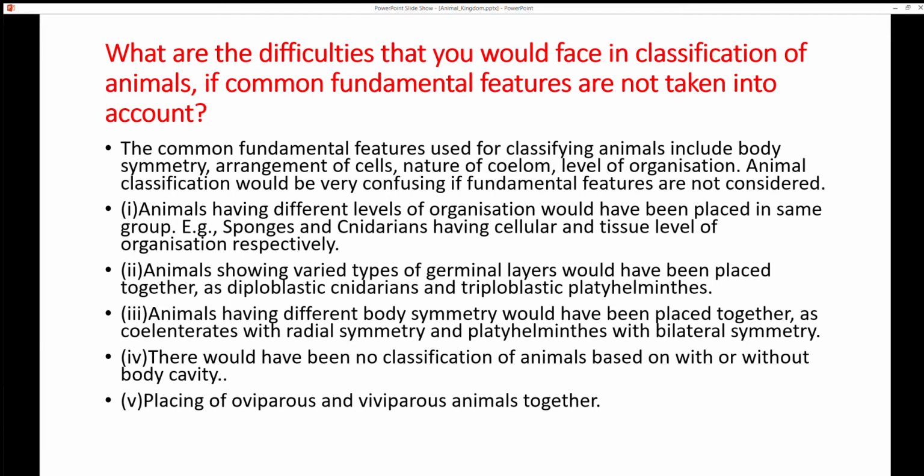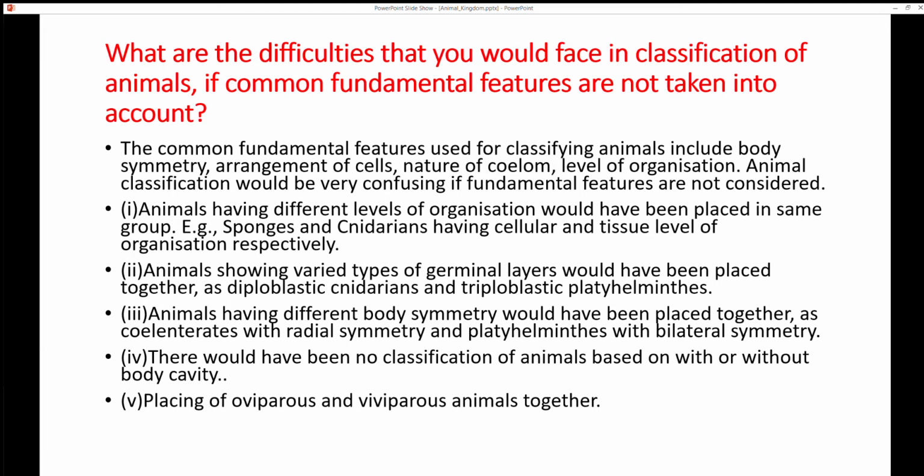Radial symmetry will have multiple halves, like pizza cutting, and bilateral symmetry has equal identical halves. So that is one feature.